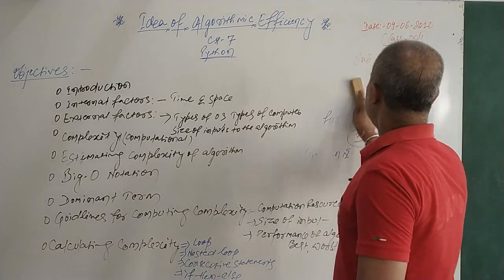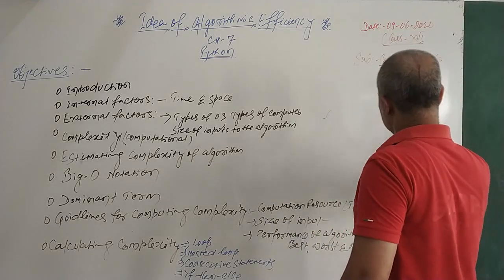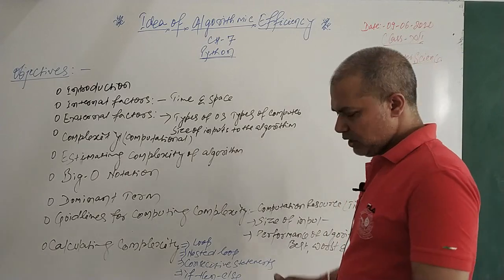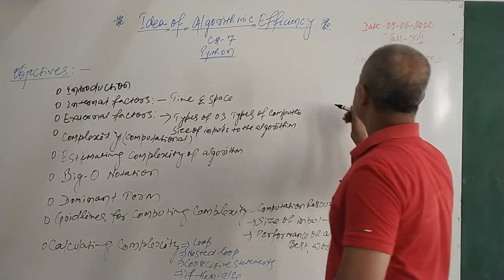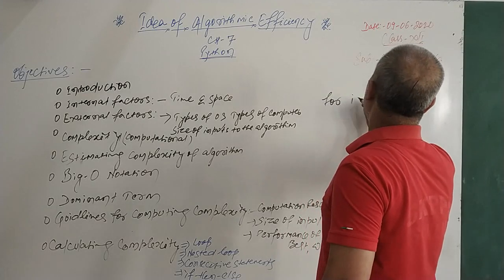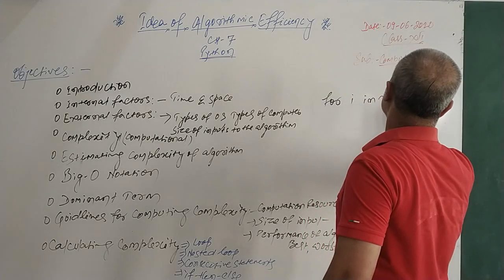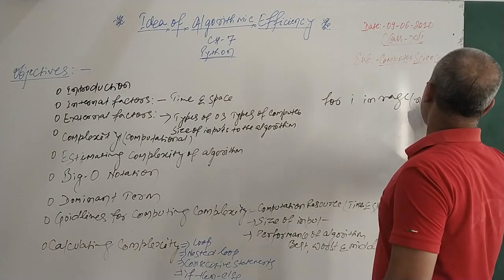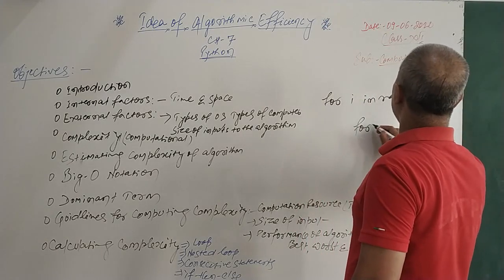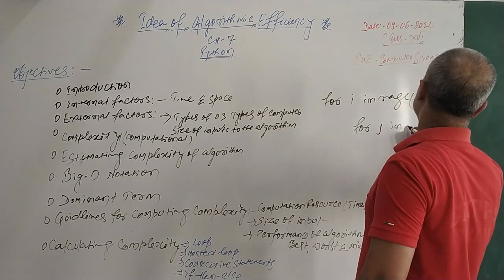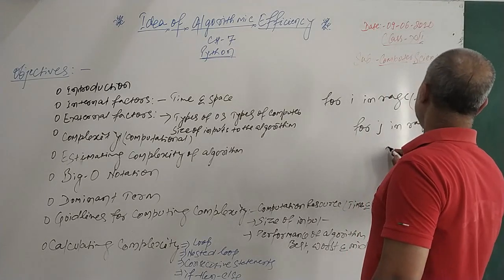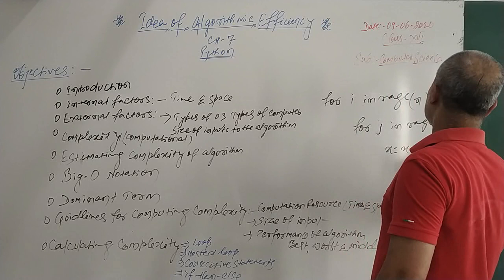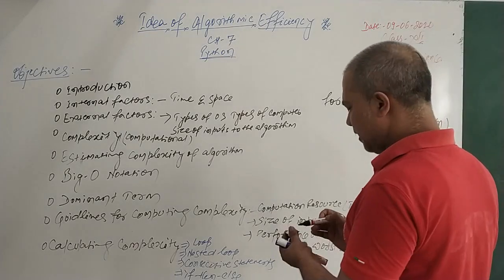Now if it is a nested loop, suppose I'm writing the same thing as a nested loop: for i in range n, and then you are using for j in range n, and inside it you are saying x = x + 2. Now this is a statement.